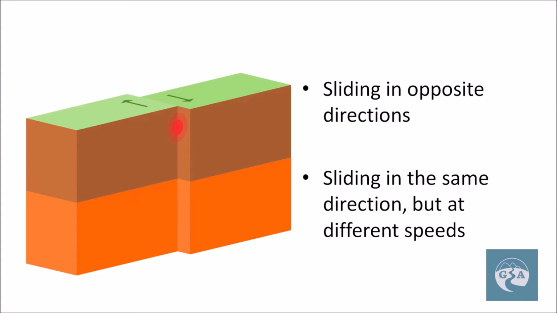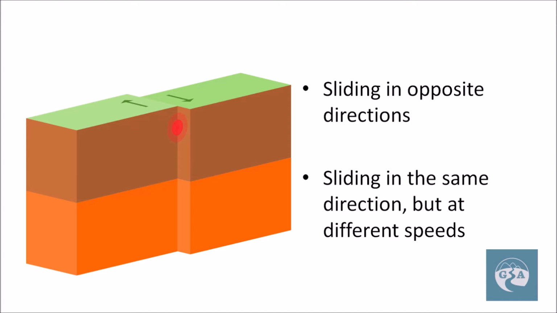So what's going on at a conservative plate boundary? Well, before we were looking at two plates that were moving away from each other, and we also looked at plates that were moving towards each other. In a conservative plate boundary, the plates might be moving in opposite directions, or they may be moving in the same direction but at different speeds.